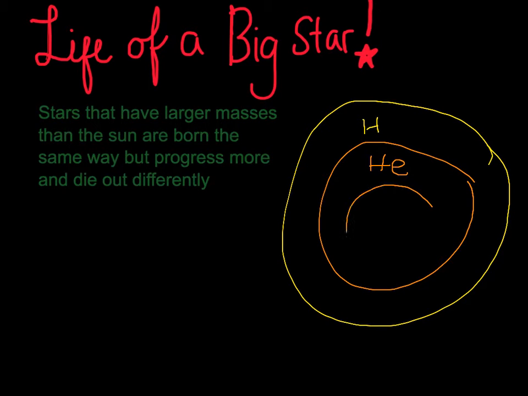And then you would have helium fusing into carbon and oxygen, and then you would have silicon, and then Fe, iron, and then eventually that becomes really dense and that stops, and then we get into how the star eventually dies.